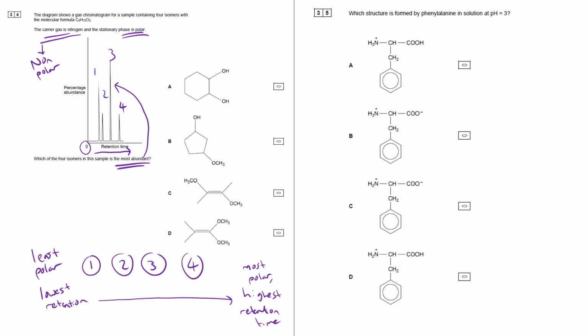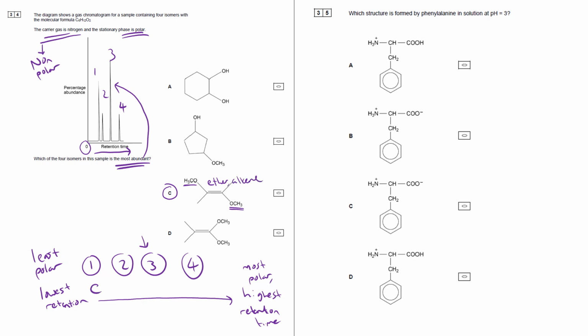So the question is saying, okay, which one is most abundant? This one here. And which out of A, B, C, and D is going to be in order of polarity. So let's break it down. Which one is the least polar? So it's going to be C is the least polar because it's got a lot of symmetry in the molecule. You've got oxygens bonded to your CH3s. You've got 2 ether groups and an alkene.